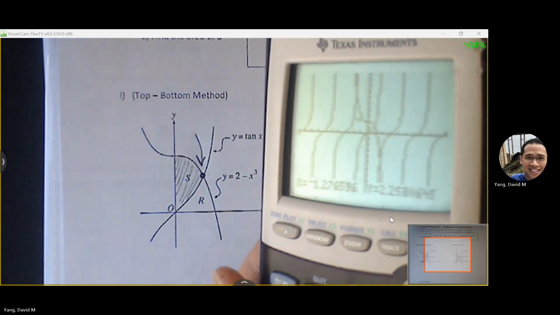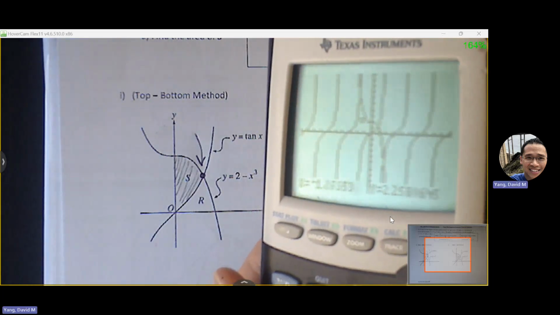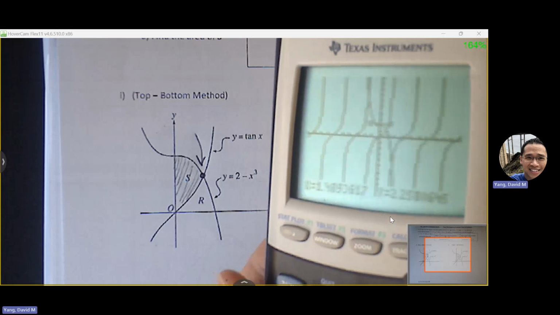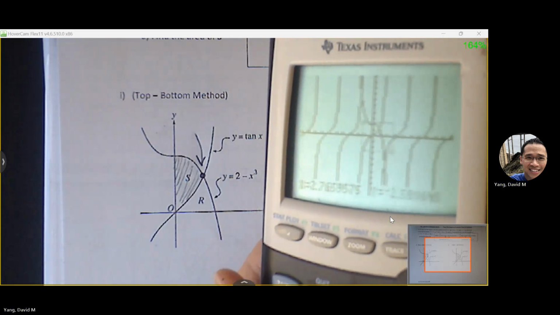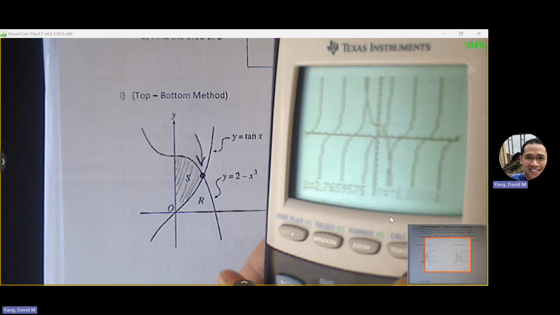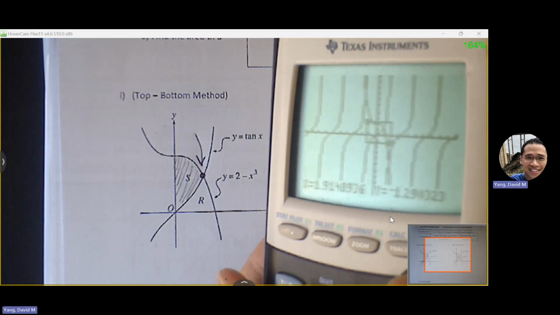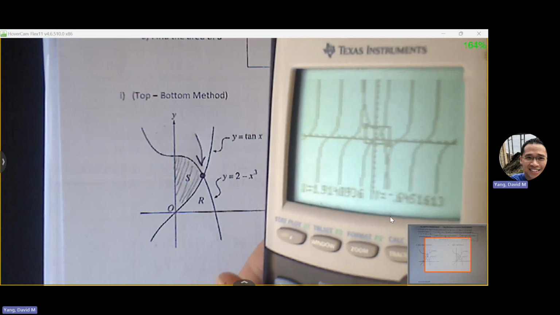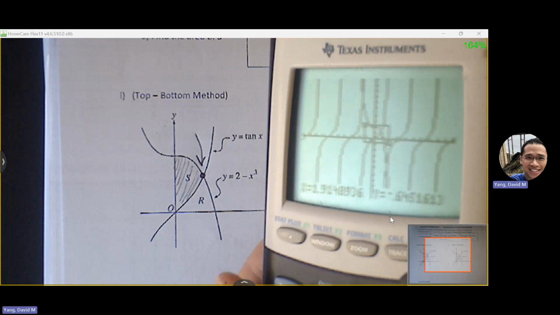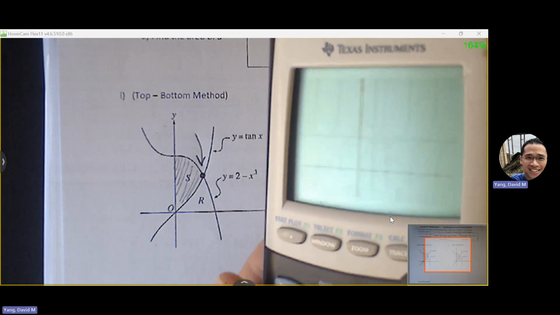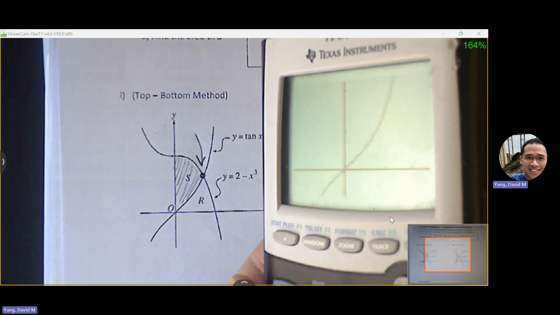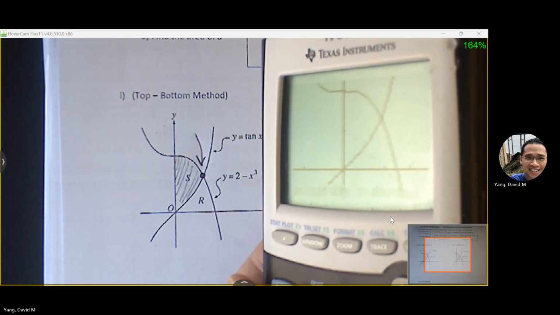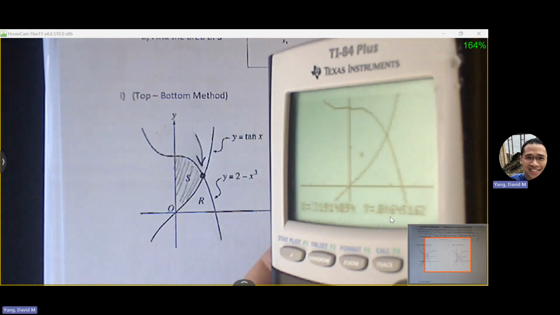I'm going to hit enter once, and then you're just going to use your directional arrows to draw a box. Maybe that's too much. I just really care about that region there. Hit enter again. Once you draw the box, hit enter again. And it should look very similar to what you have on your paper. Okay, any questions?